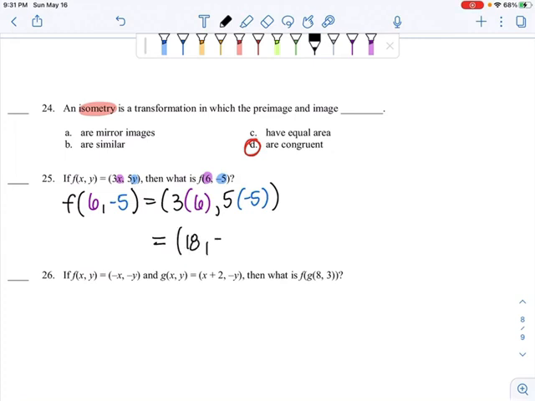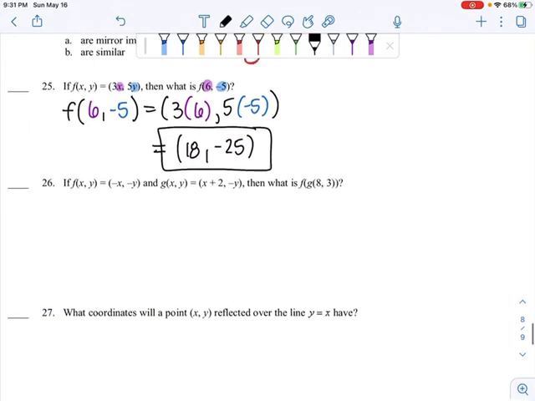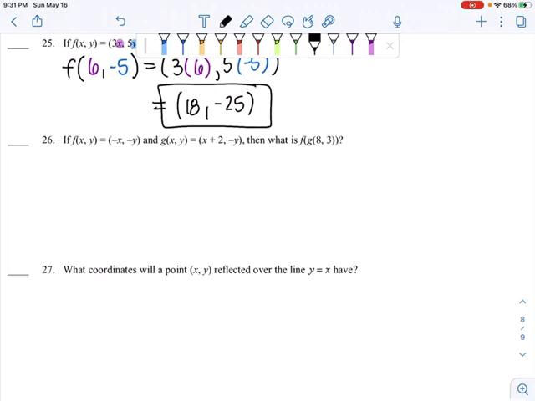Number 26, if f(x, y) equals (negative x, negative y), and g(x, y) equals (x plus 2, negative y), then what is f of g of (8, 3)? So we have to work with the inside of the parentheses first. So we're going to start with the inside, which gives me (8, negative 3) to plug in for the point g.